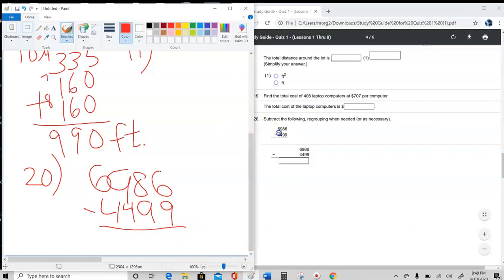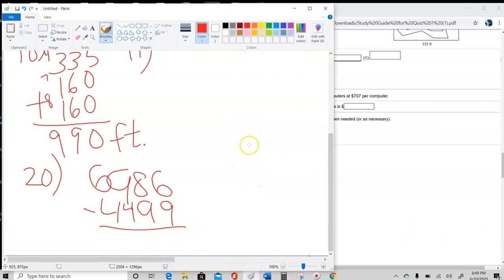So let's see here, when we borrow, it's a good idea to cross out when you borrow. Okay, so when we're borrowing, just borrow carefully. And right, 2,487 is our answer.